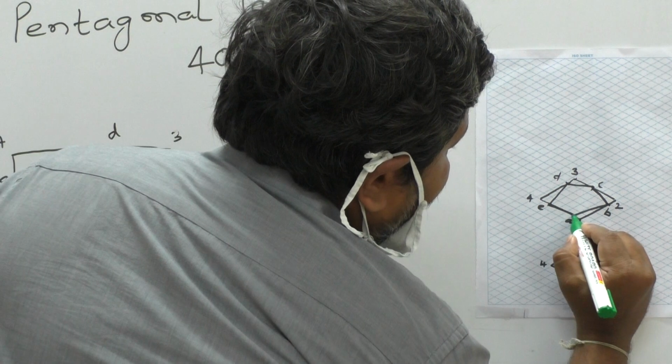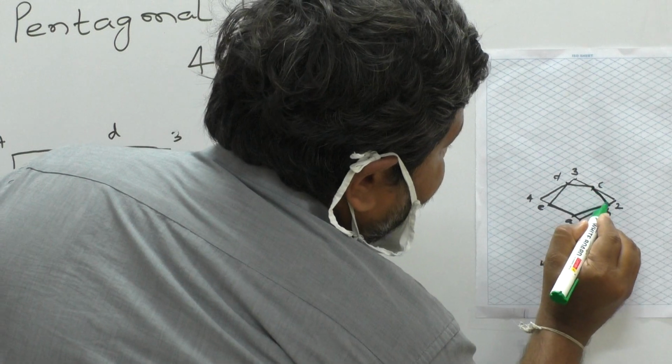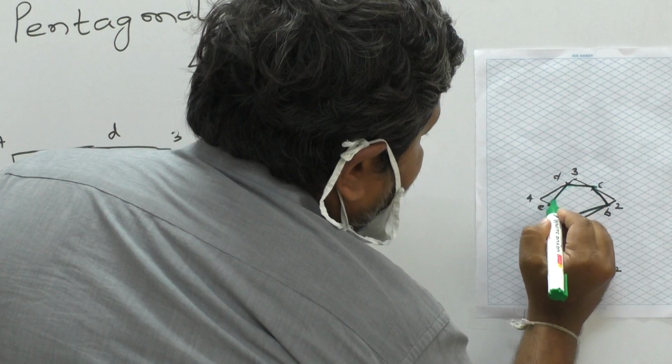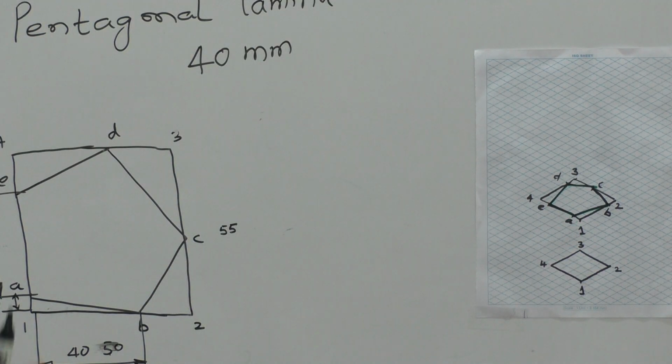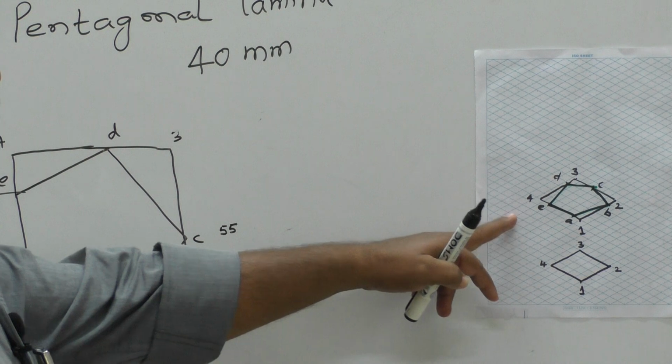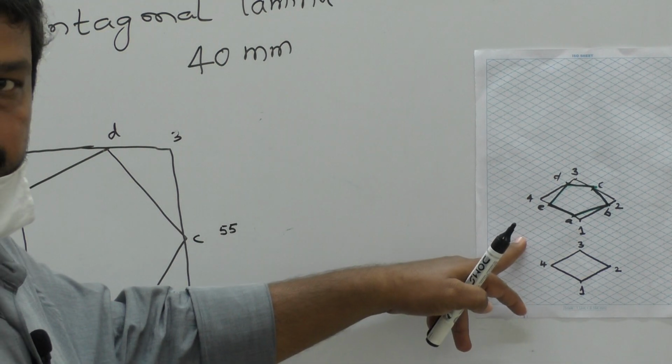You can see A to B, B to C, C to D, D to E and E to A. So this is the isometric projection of the pentagonal lamina. Clear?